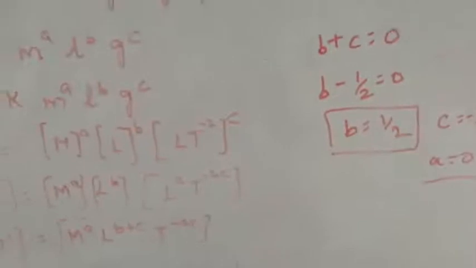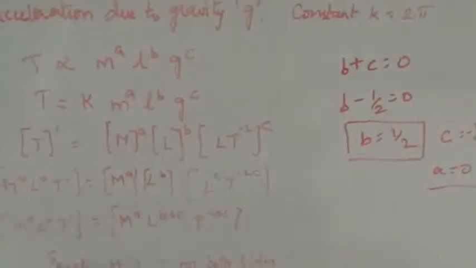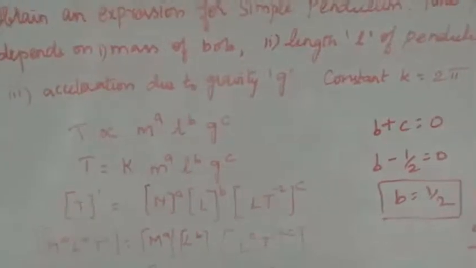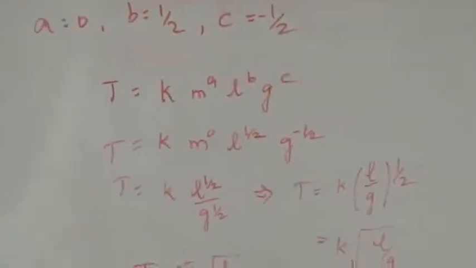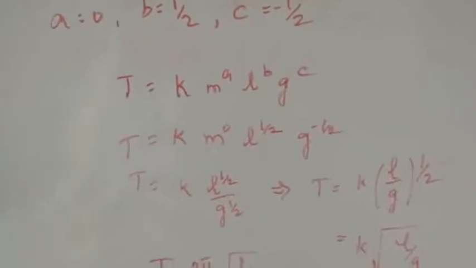Substitute all these values in the dimensional quantities so that you can find the equation of the time period for a simple pendulum. So we have the values of a, b and c now. We are going to substitute these a, b, c in the first equation we have taken.